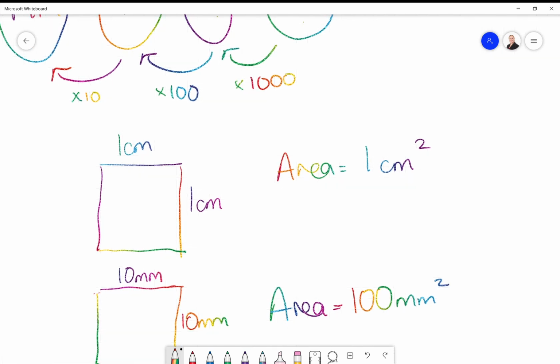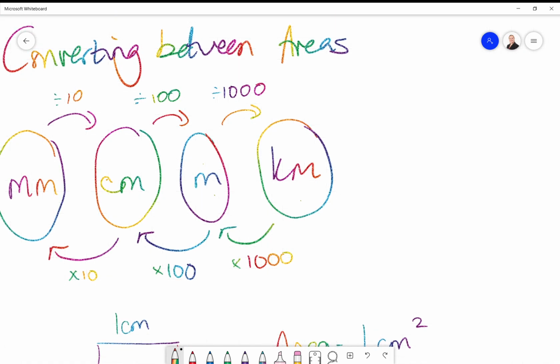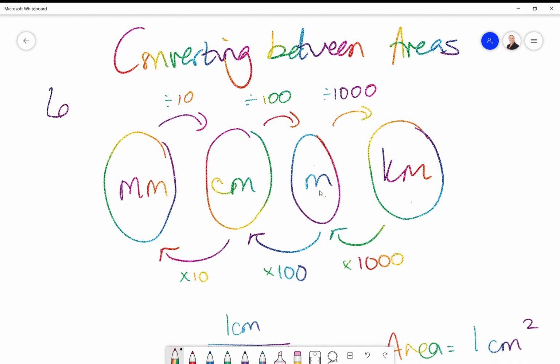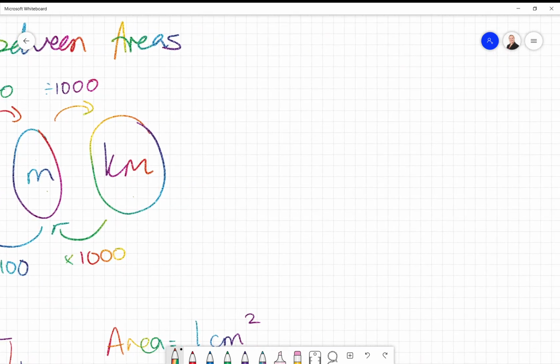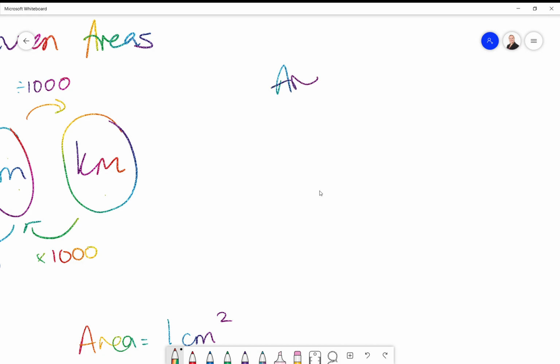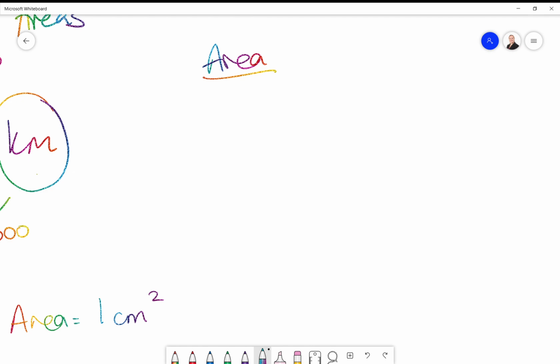So this one here was for length. Let's write a little title over here, length. We need another one now for area, so I'm going to do it over here. Okay, so area. I might even do it in a different funky pen. So we're going from millimetres squared to centimetres squared to metres squared to kilometres squared.